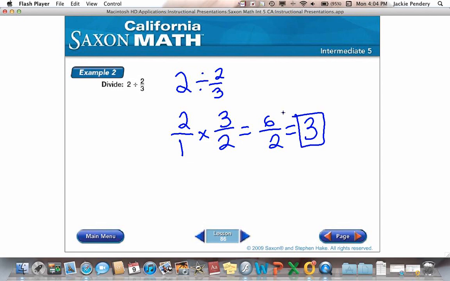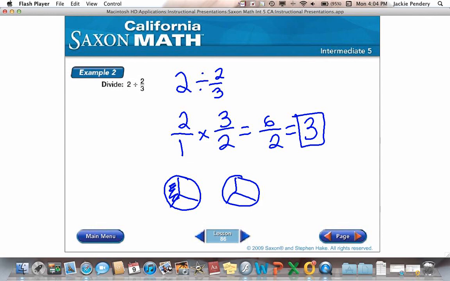Okay, so what does this mean? How many 2/3 are there in 2 wholes? Well, let's draw a picture just to verify. So here I have circle number 1, circle number 2. I'm going to divide it into thirds. Each one is being divided into thirds. But I want to know how many 2/3.